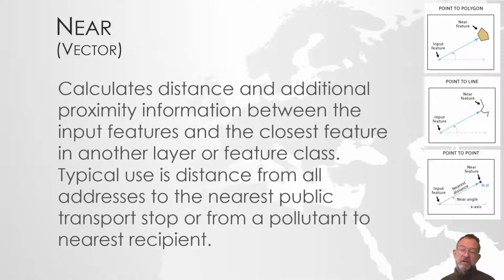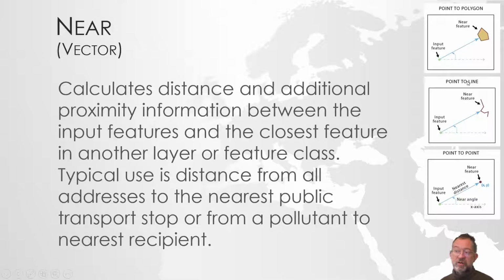What Near does is that it takes, in our case we'll be using it for addresses, and looks at what is the shortest distance to another object. That other object can be a road, a park as a polygon, a line as a road, or another point such as a station.